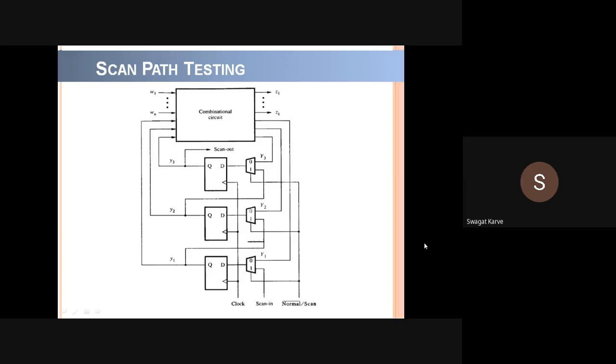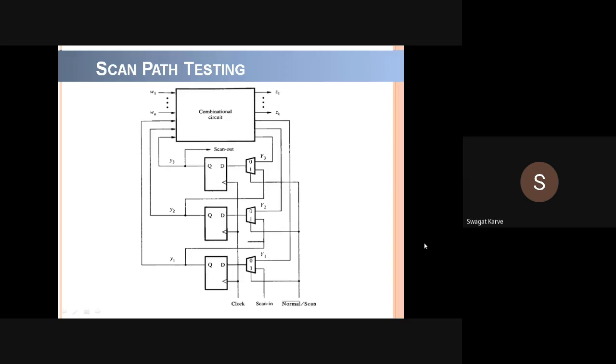Now, what do you mean by this scan path testing? Consider any chip or any digital ASIC, that is application specific integrated circuit. What do you think? Is it just a combinational circuit, or just a sequential logic circuit, or a mixture of both? Normally these are a combination of combinational as well as sequential logic designs.